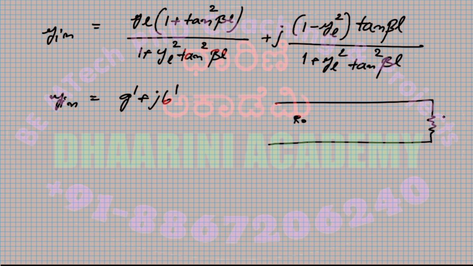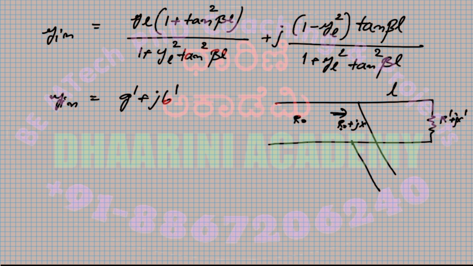There is some value, some R dash plus j times X dash, as an impedance. I moved by a distance L such that here I am going to see R naught plus some other j times X value. That is my point. I moved by a distance L.